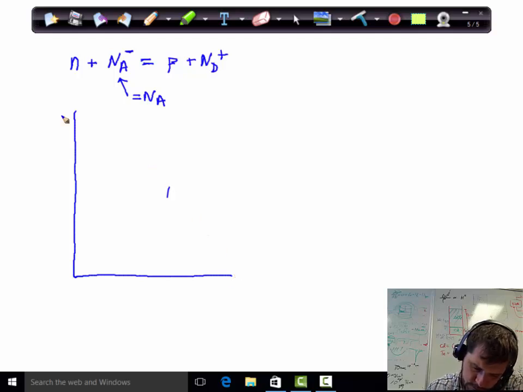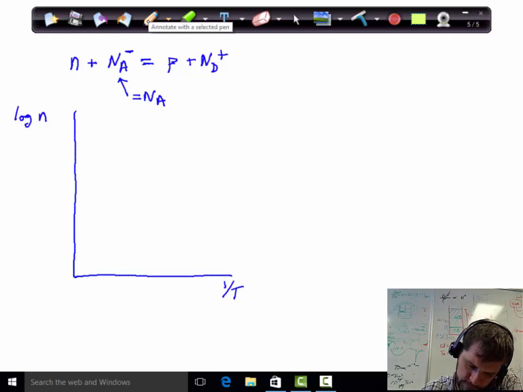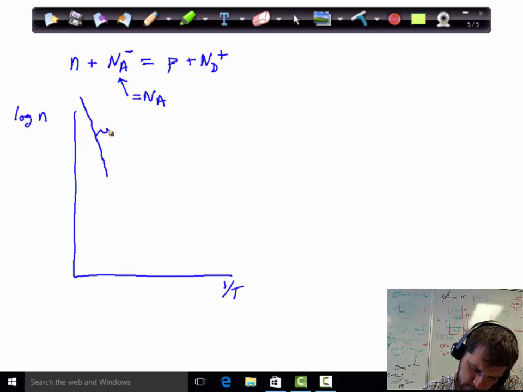So if we plot the carrier concentration N on a log scale as a function of 1 over temperature, we'll see a few regimes of behavior. So at very high temperatures, so 1 over T very small means very high temperatures, we'll have the carrier concentration dominated by Ni.